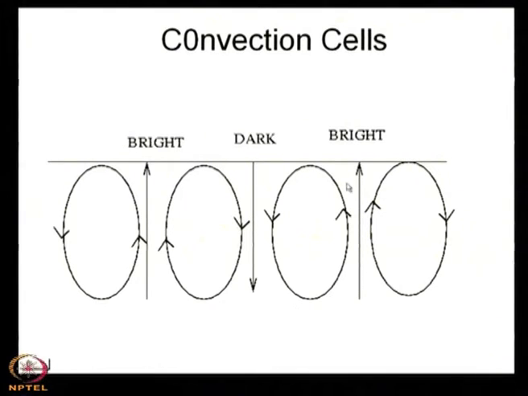Now, the amount of radiation that comes out depends on the temperature. That is the Stefan-Boltzmann law, T to the power 4. So, you will see a bright region here, a dark region here and a bright region here. If you have convection, you expect to see such dark and bright regions on the surface.